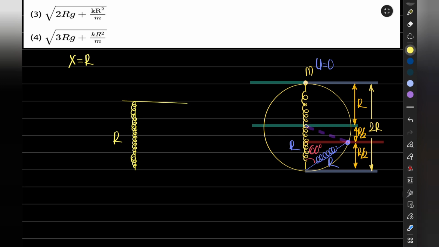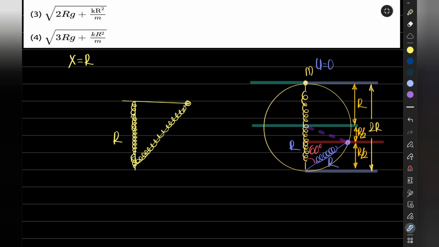Okay, and as per the misconception, what many students do is take this position as the final position of the bead when it comes in the downward direction and the spring comes to its natural length.